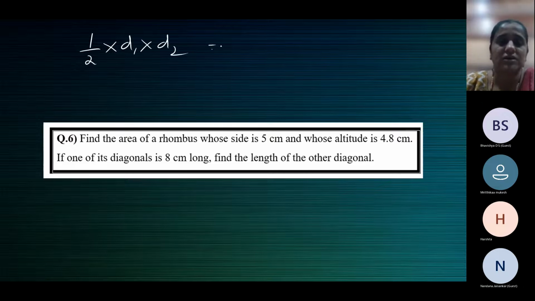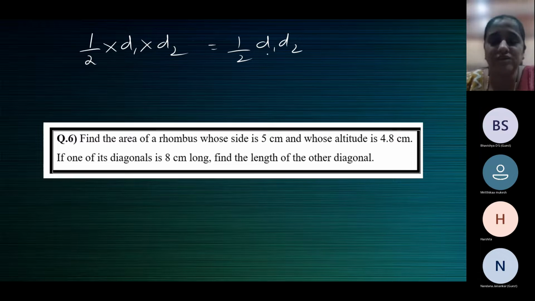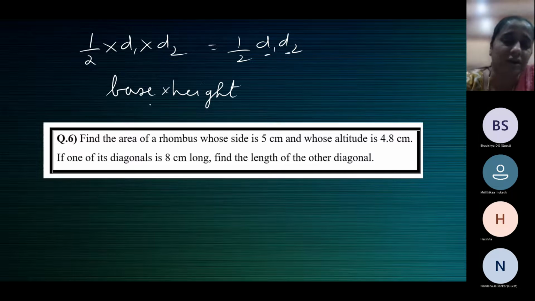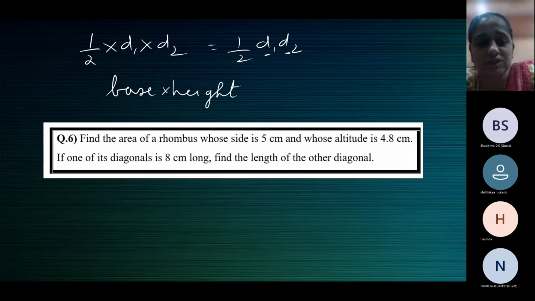Both are the same. We use this formula when we know the lengths of the two diagonals. Now, supposing we are given the base and the height of the rhombus, then the area can be found using the formula base into height. So depending on the information given, you choose the formula.